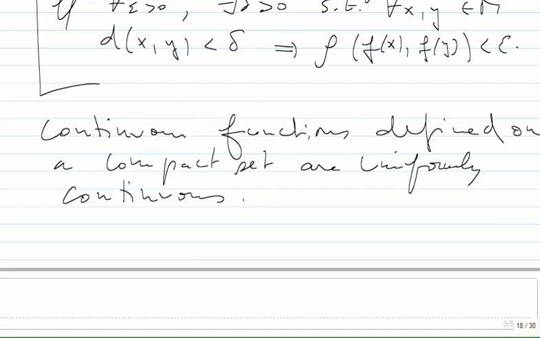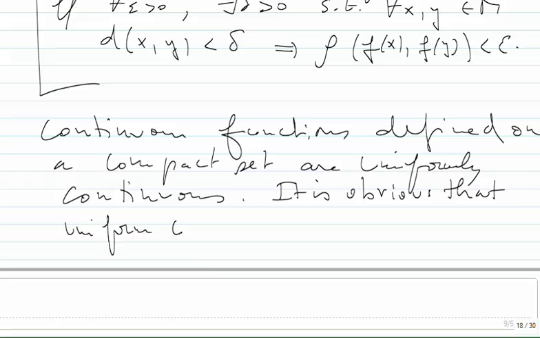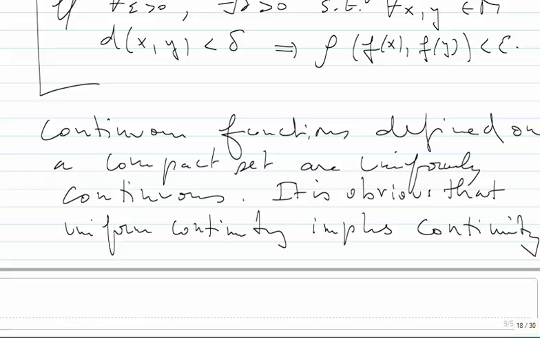Clearly, it is obvious that uniform continuity implies continuity. In general, these two concepts are not equivalent.